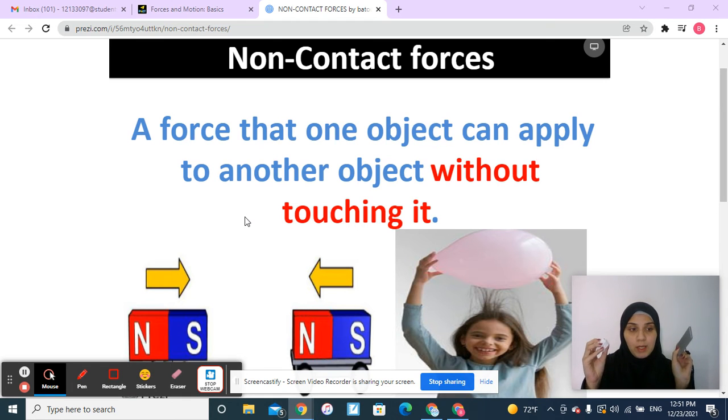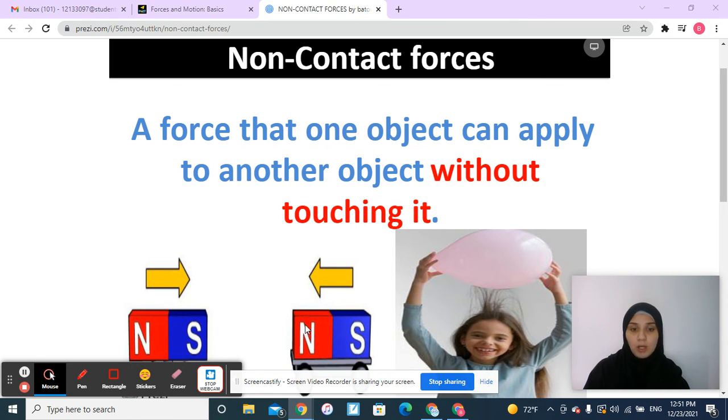So in the case of an object with Earth, it's weight. Object with object, it's gravity, of course, because both are in their places. If there were no gravitational force of attraction between them, then we couldn't handle anything, we couldn't catch anything.